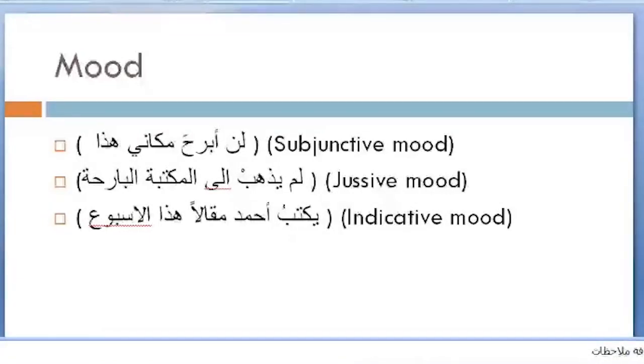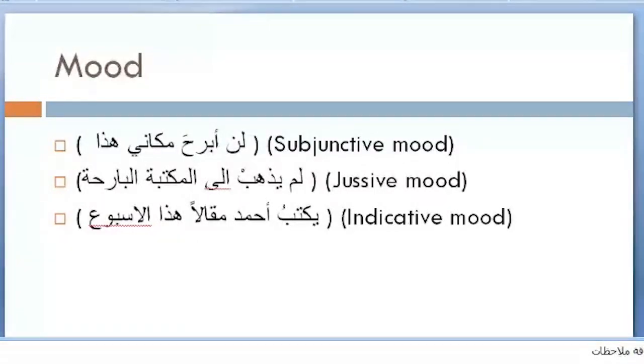If you look at the examples in this slide, you will easily recognize that all of them contain present verbs. All of these three mood types contain verbs in the present.